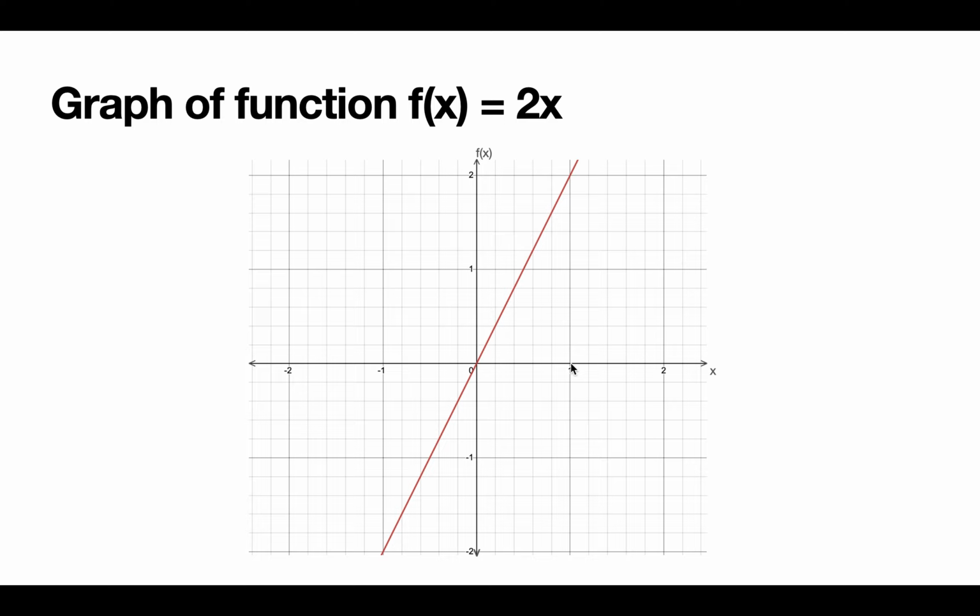When I have the value 1, it is related to 2, and if I have the value -1, it is related to -2. I hope you understand what I mean by a function and how we can represent a function on a graph, and why I represent a y coordinate as f of x, because it is a function of x. Hope you understand.